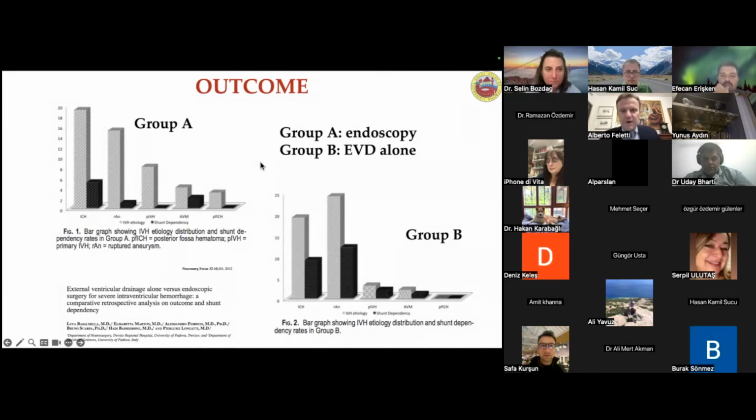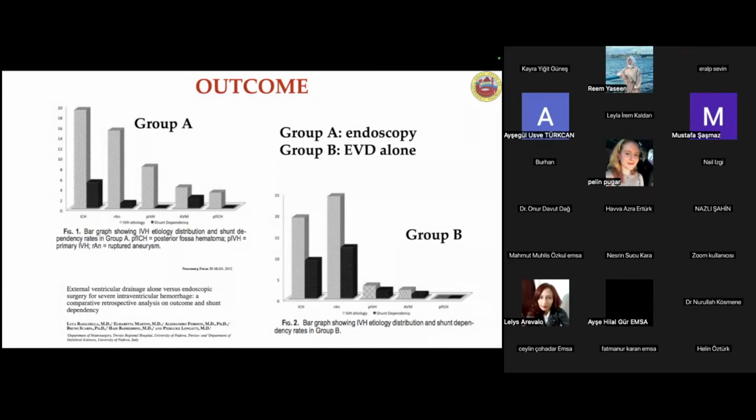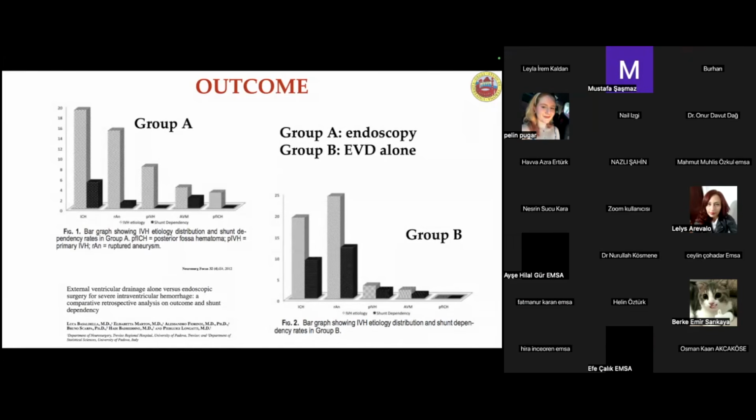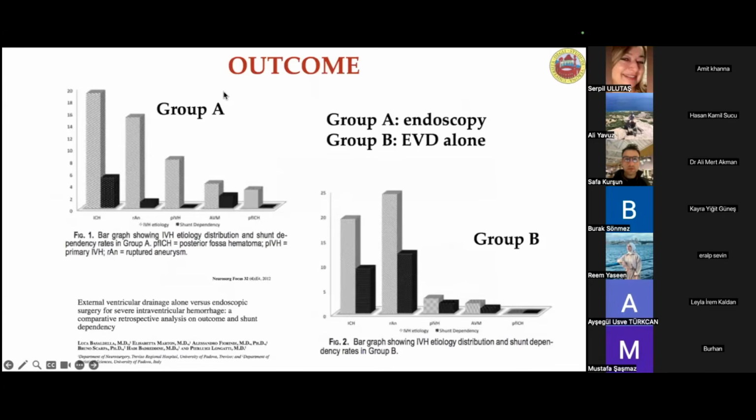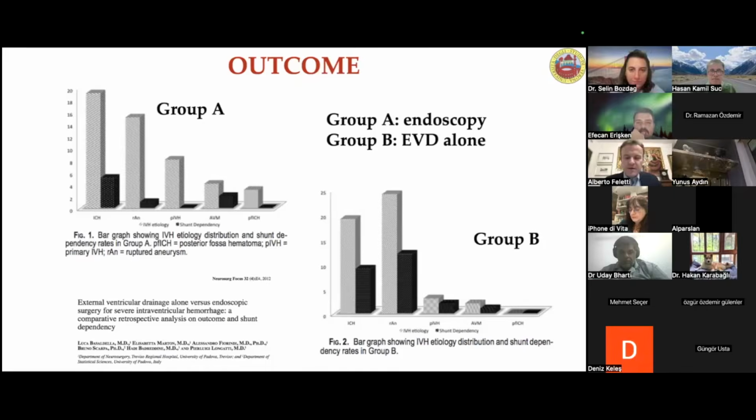So a few years ago, our group published this paper showing the results about VP shunt dependency in our patients. We divided the patients into two groups. The historical group, which is group B, includes patients with IVH treated only with EVD. We divided all these patients according to the origin of the IVH. As you can see, these patients had an ICH associated with the IVH.